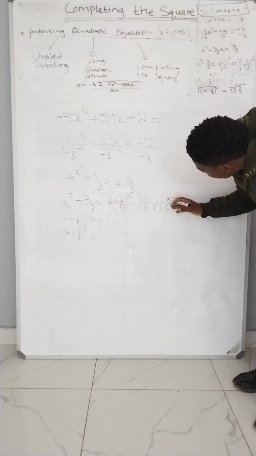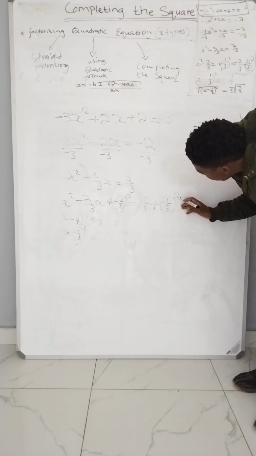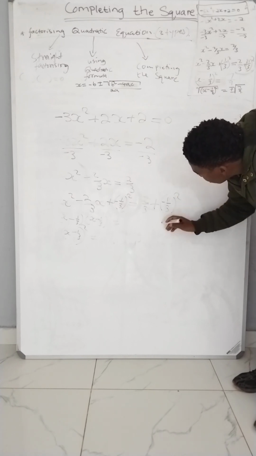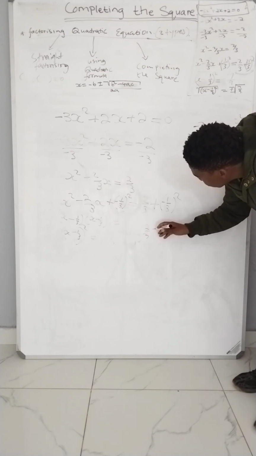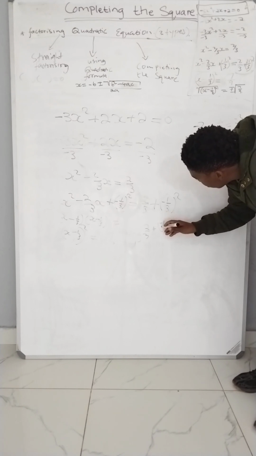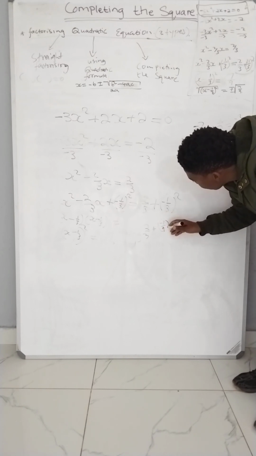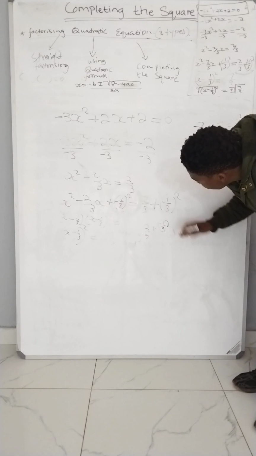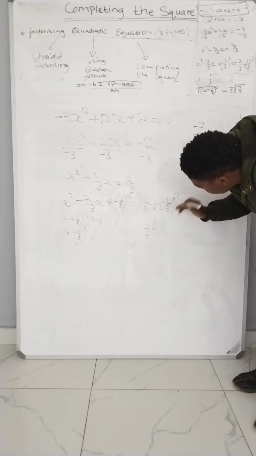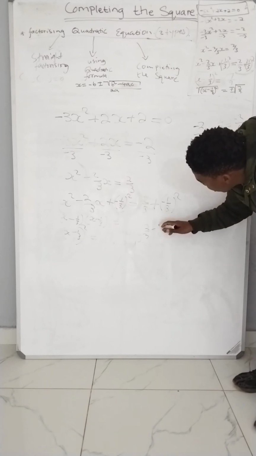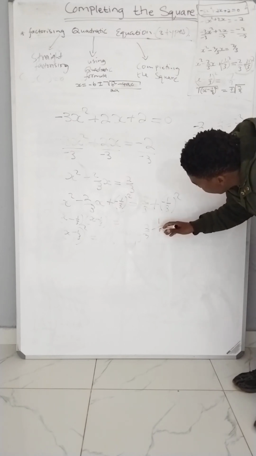Here you have 1 squared is 1, 3 squared is 9, so you're going to have 2/3 plus -1/9. This is the same as negative, because positive times negative is negative. So you're going to have 1 over 9.